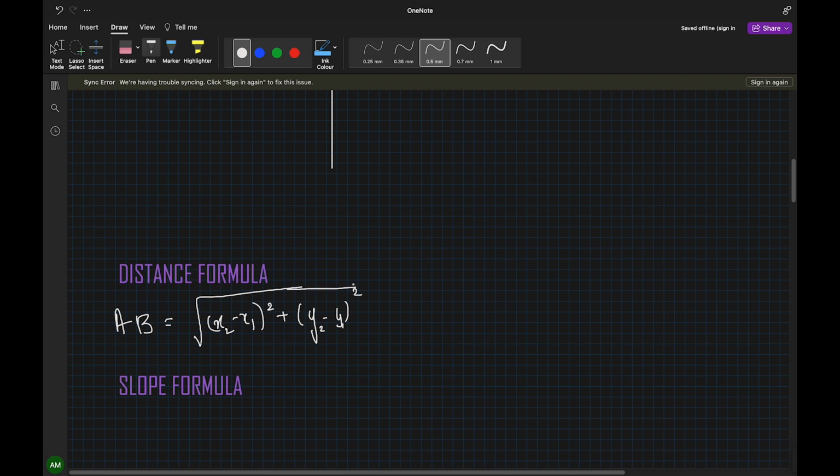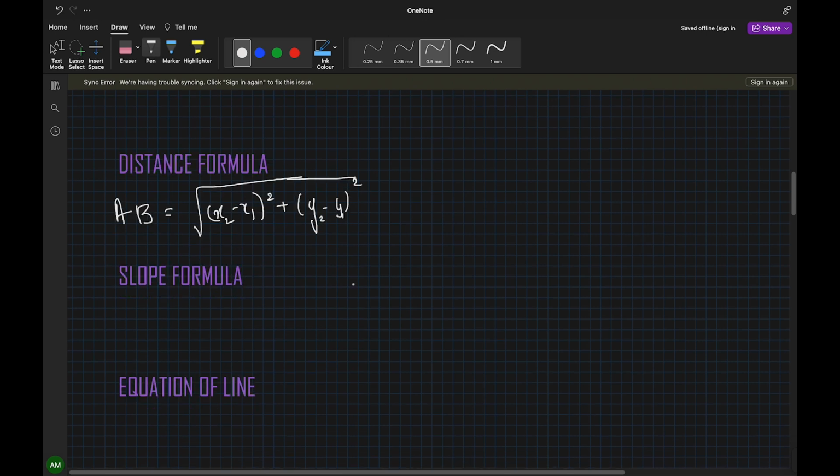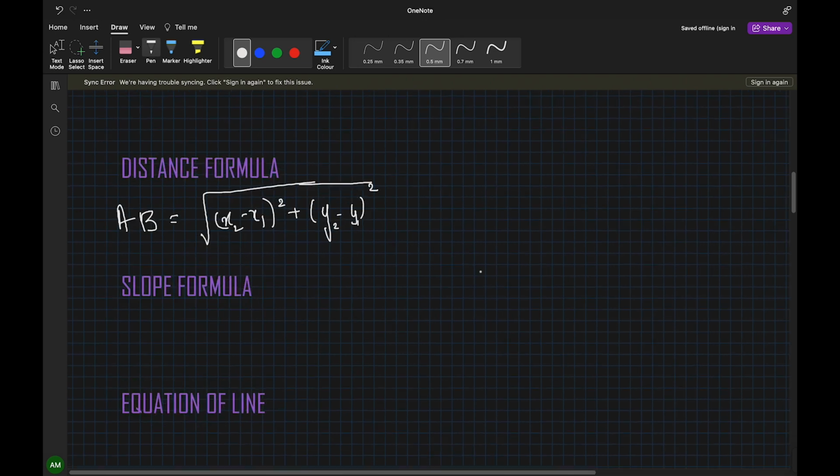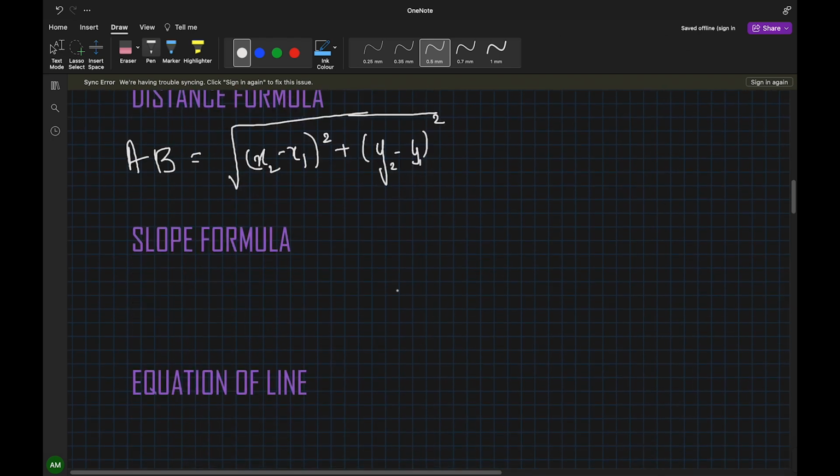I recommend making short notes of all these things. Okay, next, slope formula. What is slope? Slope is represented by m, which is y2 minus y1 by x2 minus x1.